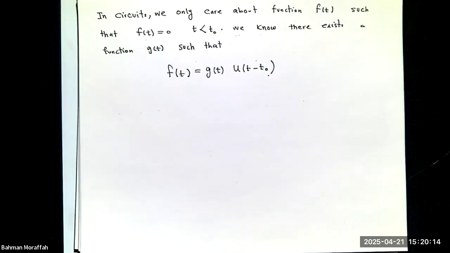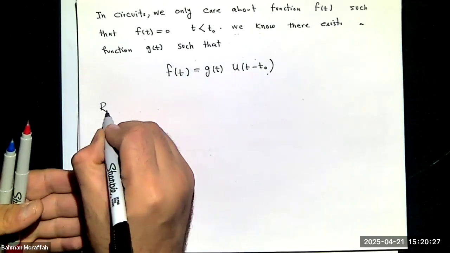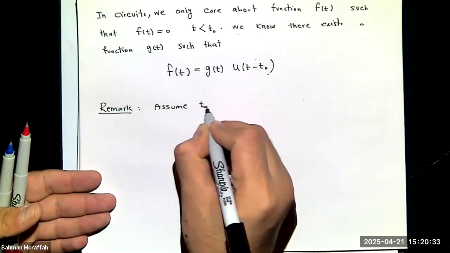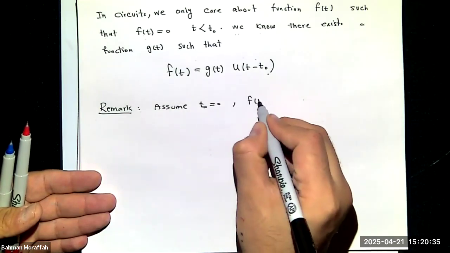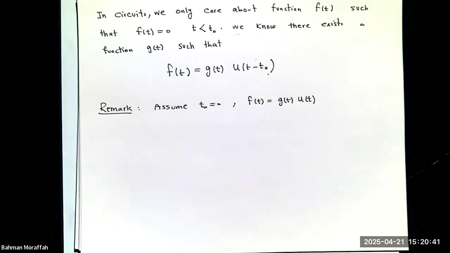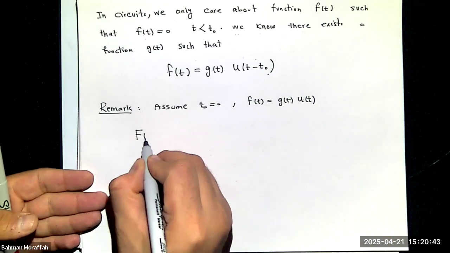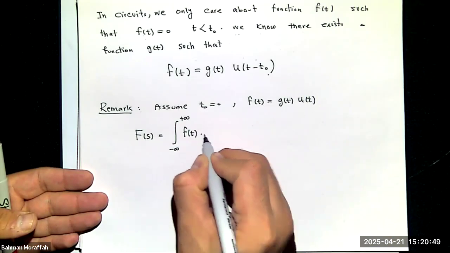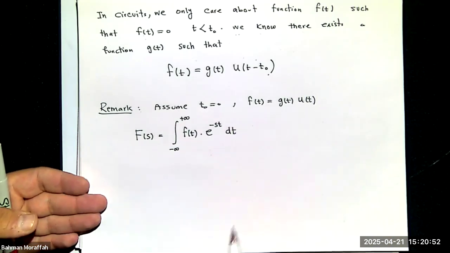Right? And if that's the case, I can define the one-sided Laplace transform. Let's just assume this t naught is 0, and we define f of t to be g of t times u of t. What is F of s? Well, I know F of s is the integral from minus infinity to infinity of f of t times e to the power of minus st dt.